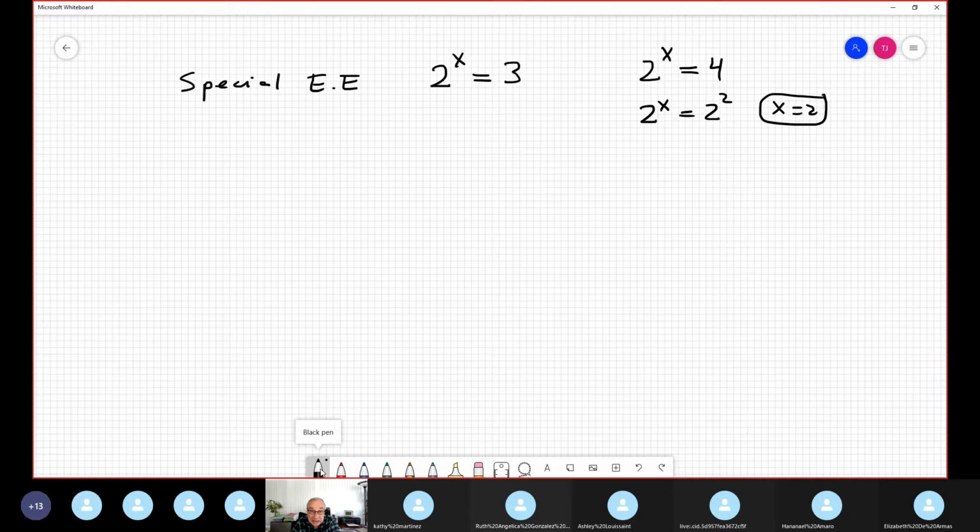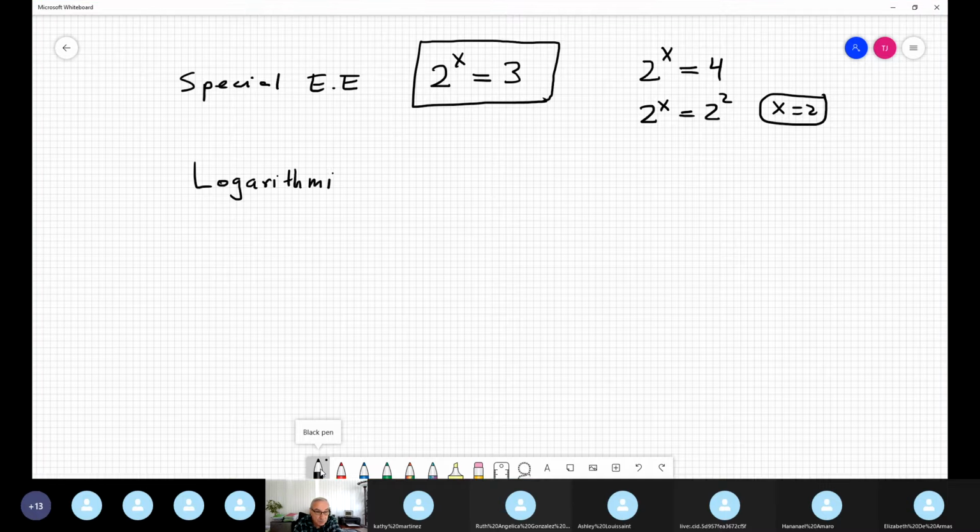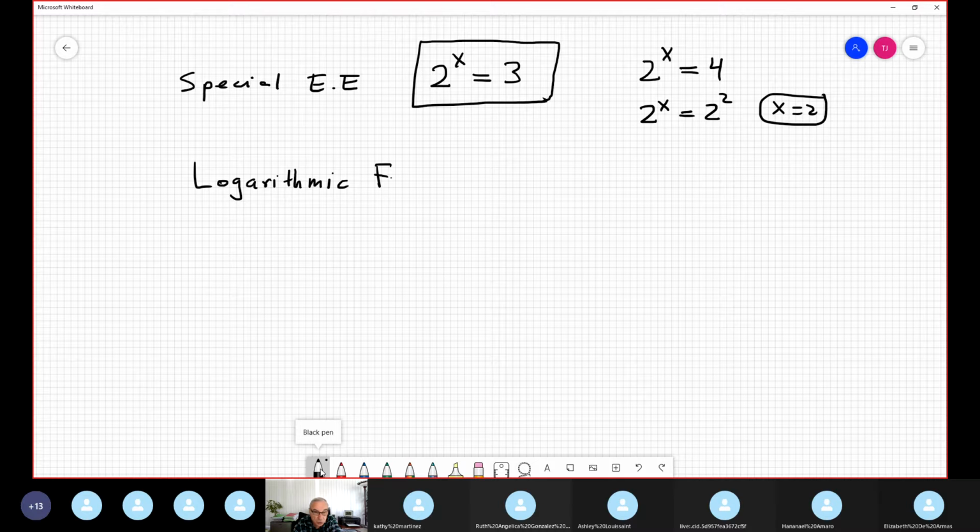However, to solve this equation, I am putting it inside the box. This is pending because we need to study new tools to manipulate this equation. This is logarithmic functions, an important chapter, guys.